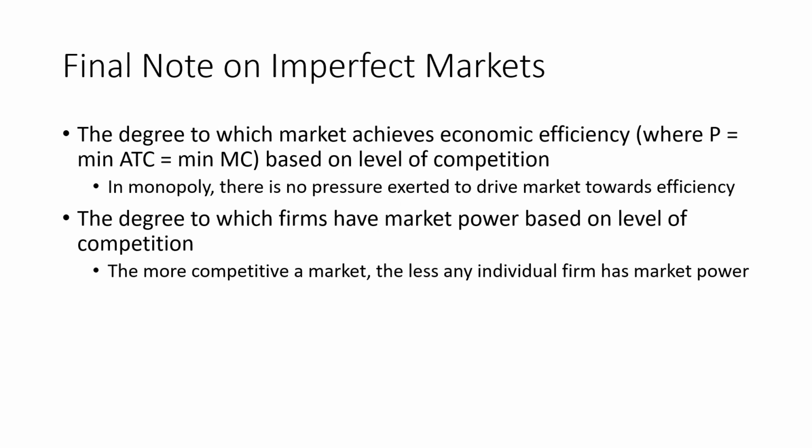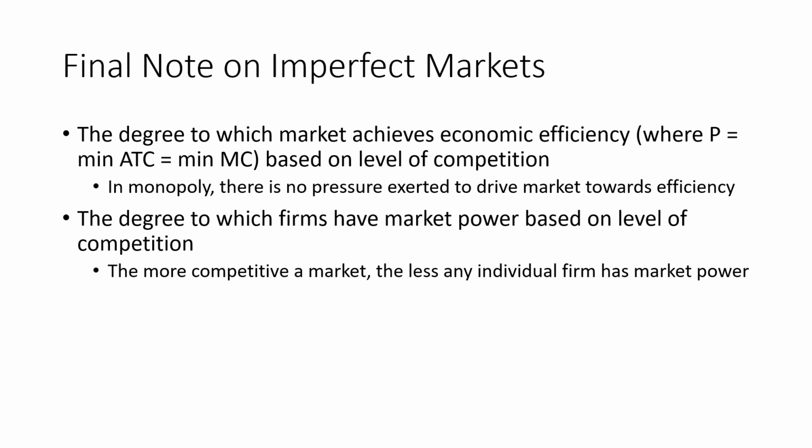And then the final note here: the degree to which markets achieve economic efficiency is based on their level of competition. The more competition there is, the more that pressure to reduce prices takes place. Okay, you have profit. The more competitive it is, the more people are going to be able to enter.